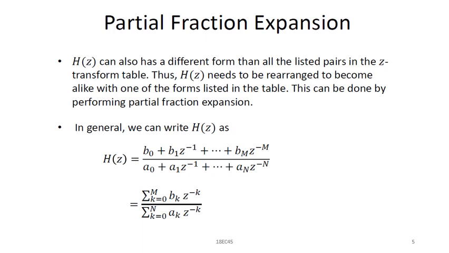So in general, you can write it as summation k equal to 0 to m bk z to the power minus k divided by summation over k equal to 0 to n ak z to the power minus k. And here the bk are the coefficients of the numerator polynomial, the ak are the coefficients of the denominator polynomial. And this is called the transfer function, that is H of z.